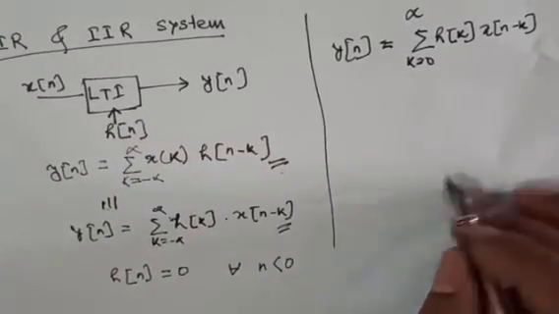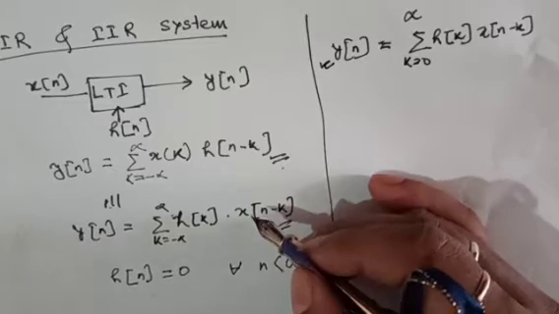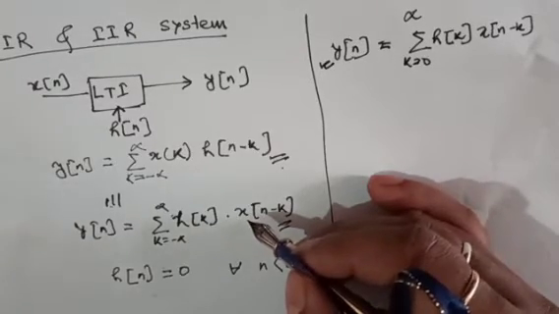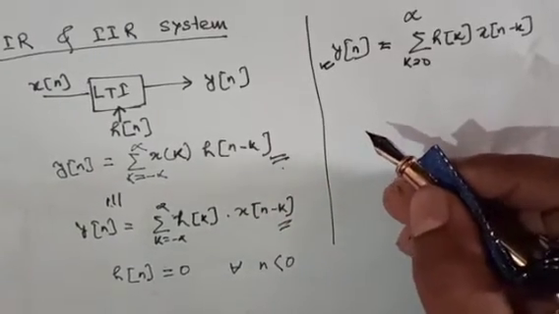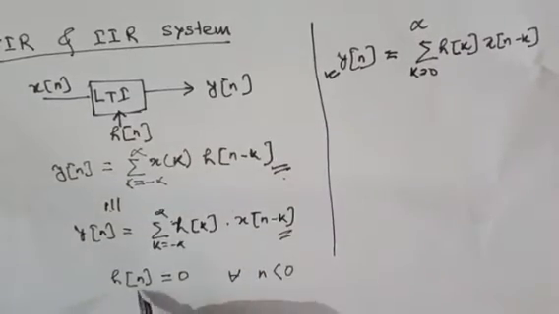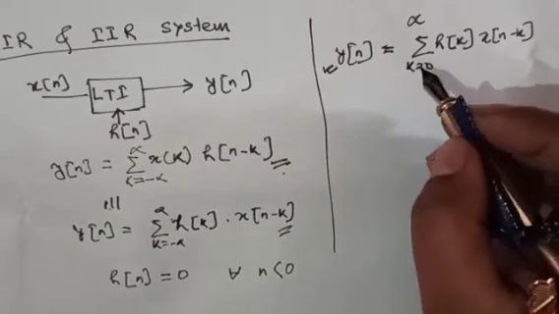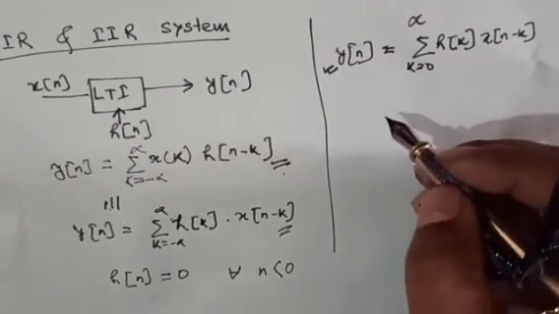So this should be the practical causal condition for the LTI systems, that is, h of n is 0 for all n less than 0, and the sum goes from 0 through infinity.